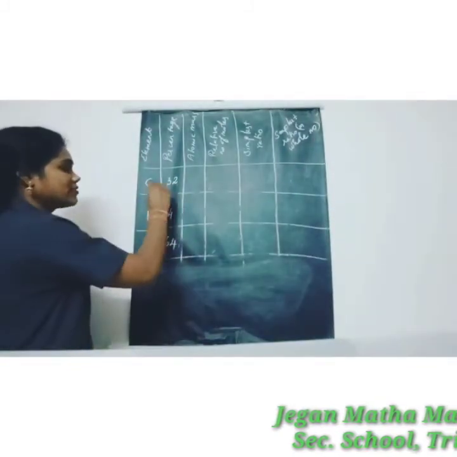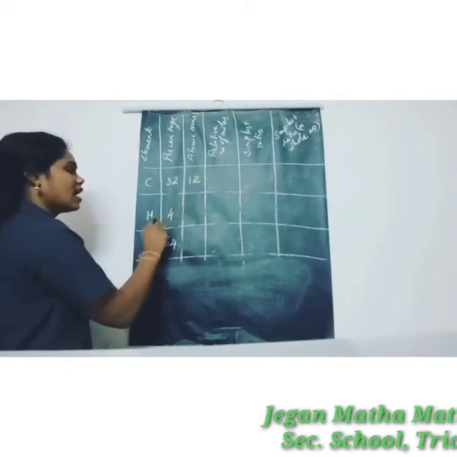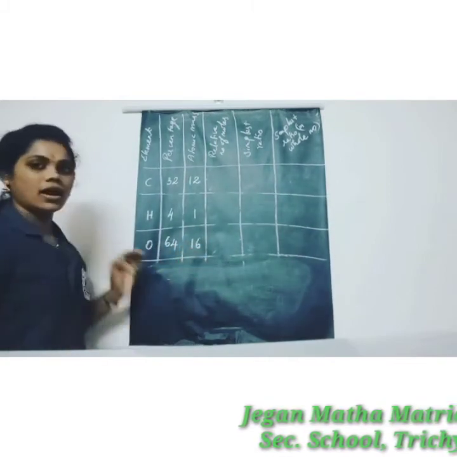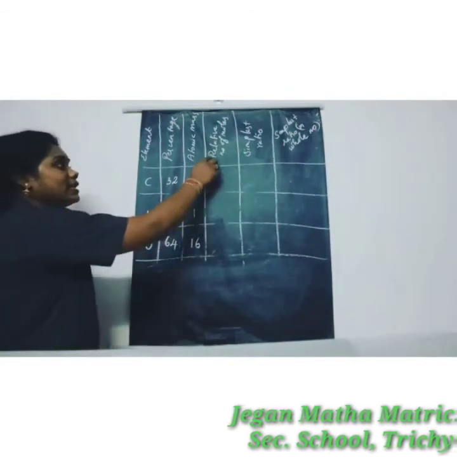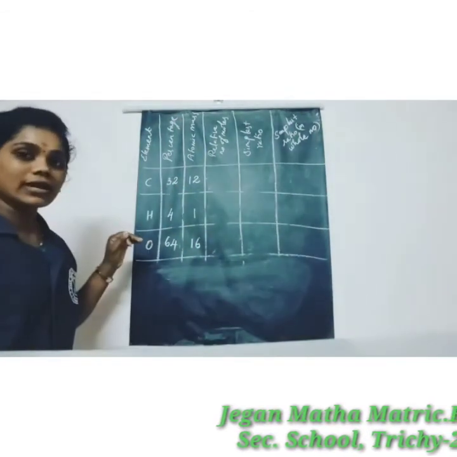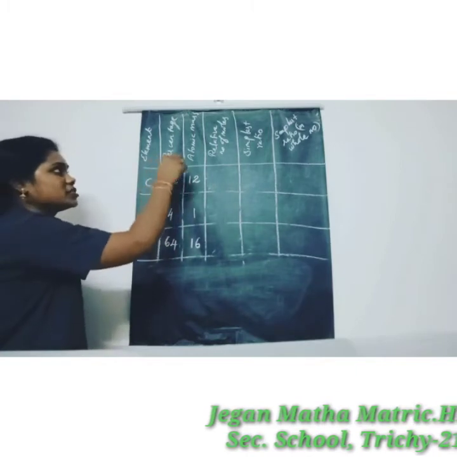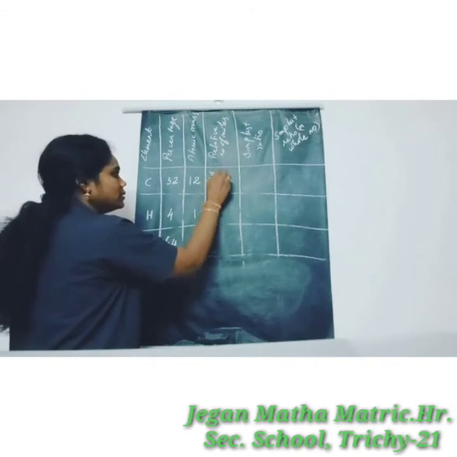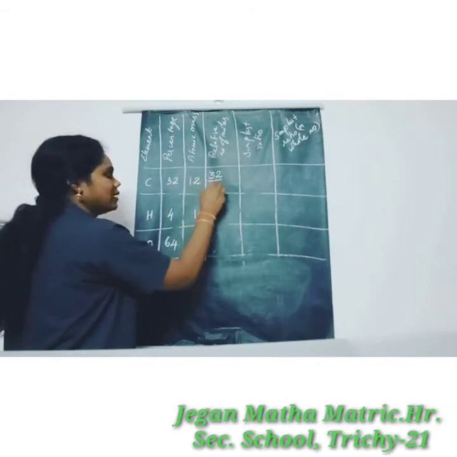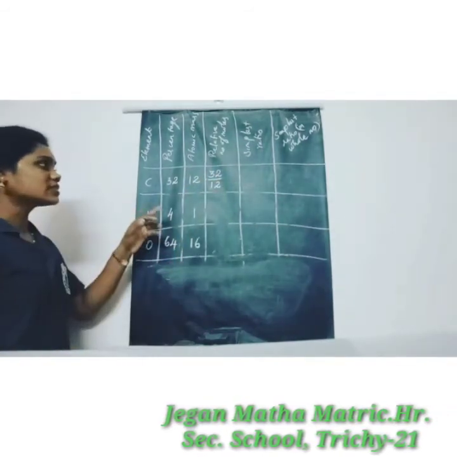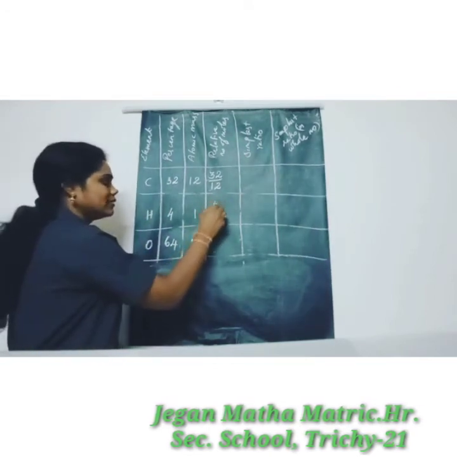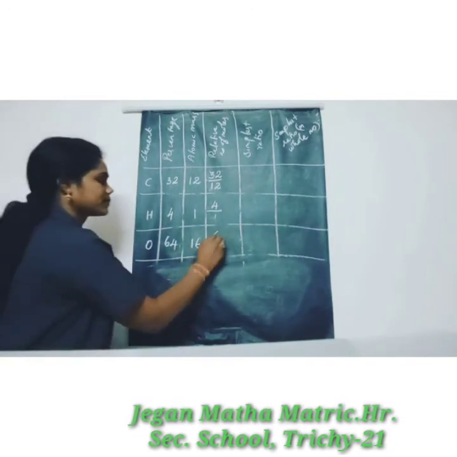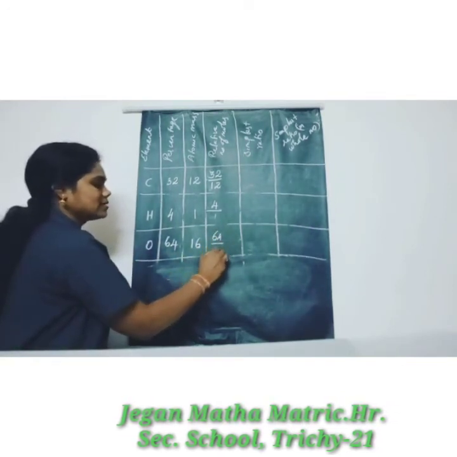Atomic mass of carbon is 12, hydrogen is 1, and oxygen atomic mass is 16. What is the next step? Relative number of moles. Relative number of moles means percentage divided by atomic mass. Here percentage 32 divided by atomic mass 12, the next one 4 divided by 1, and the next one 64 divided by 16.